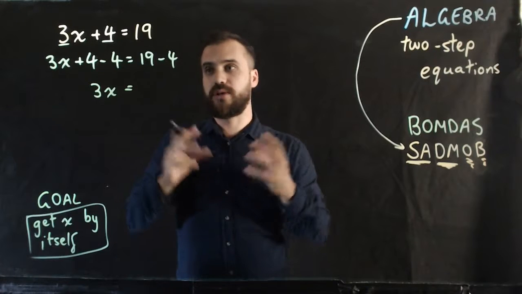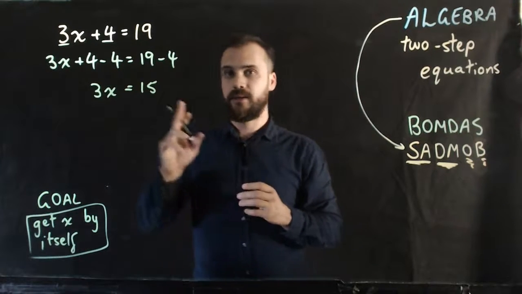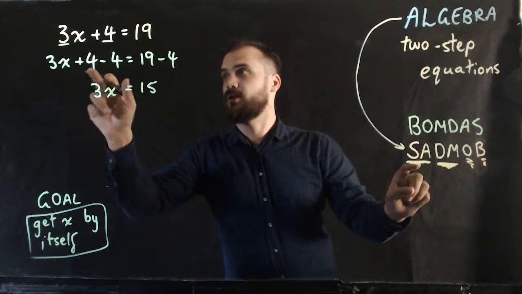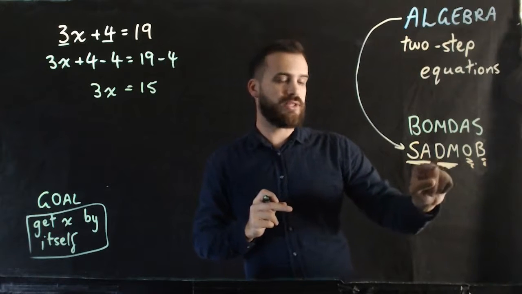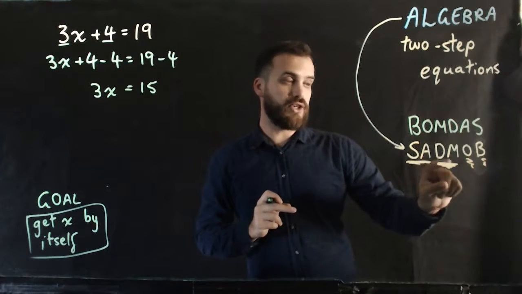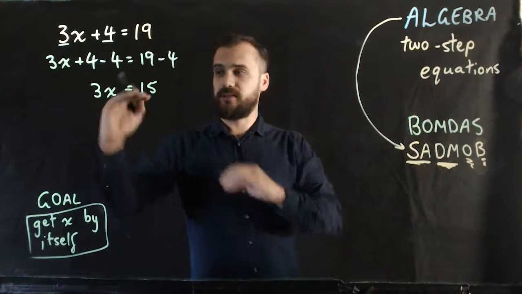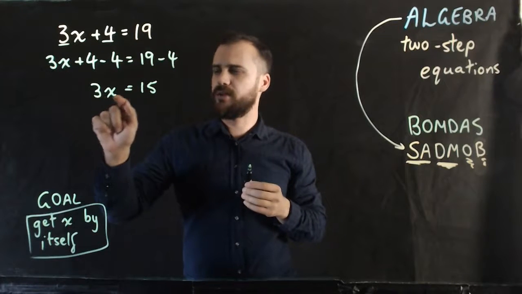We do the opposite of that, divide. 3 times x divided by 3. And whatever we do to the left-hand side, we've got to do to the right-hand side. 15 divided by 3. Those 3's are going to cancel out. So we're left with an x here. And then 15 divided by 3, that's going to be 5.